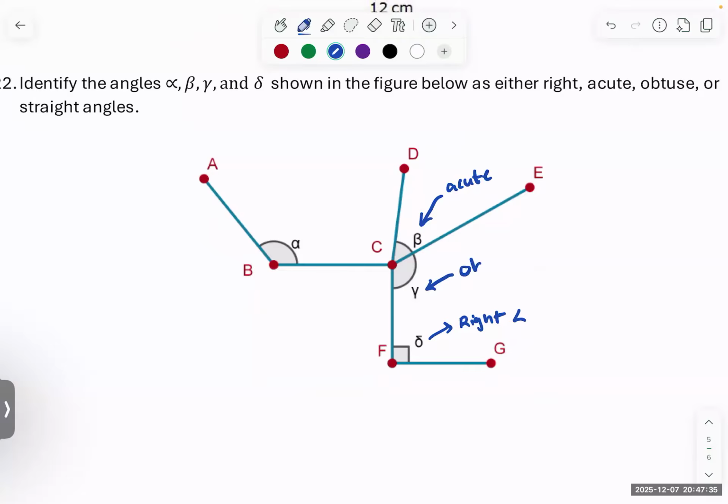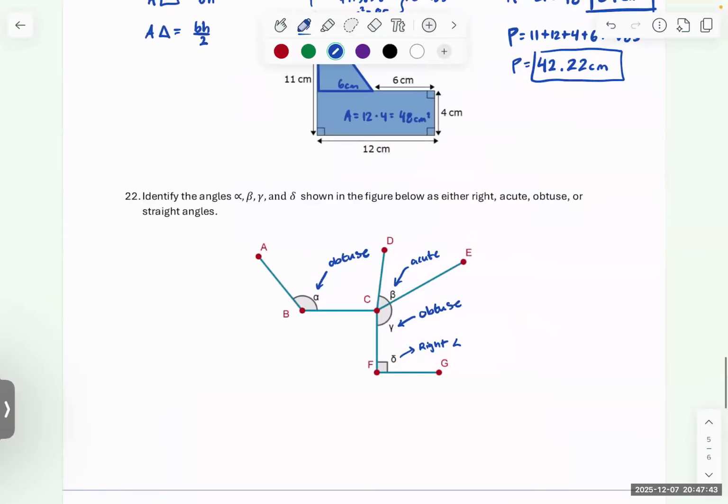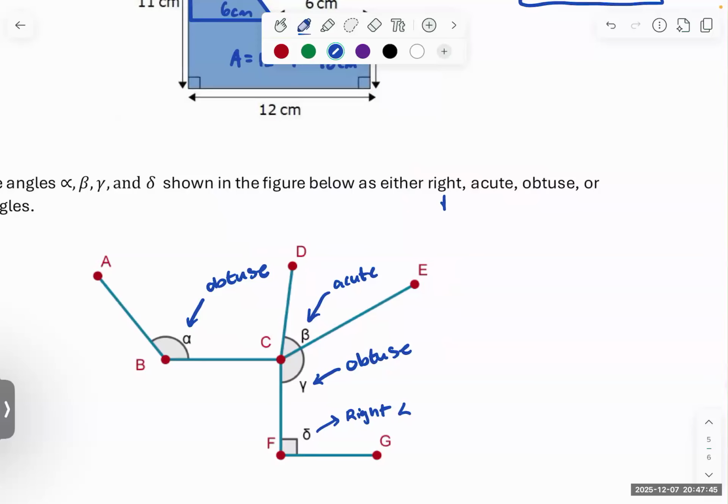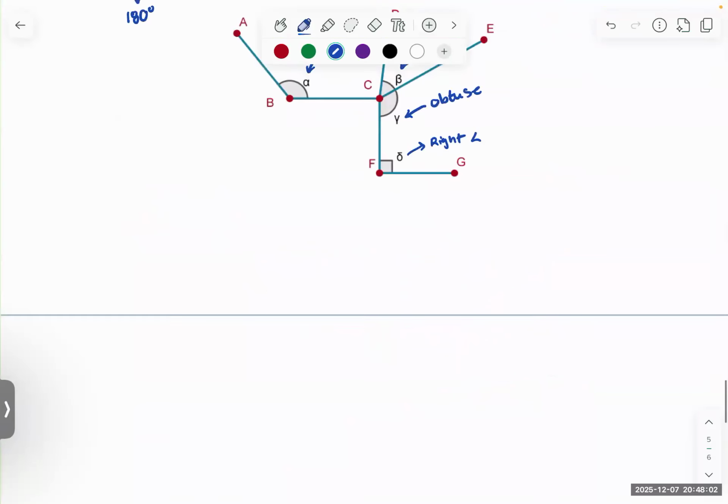Gamma is obtuse. And alpha is obtuse. So right is 90 degrees. Acute is less than 90 degrees. Obtuse is greater than 90 degrees. And a straight angle is 180 degrees. Okay, and that concludes this video.